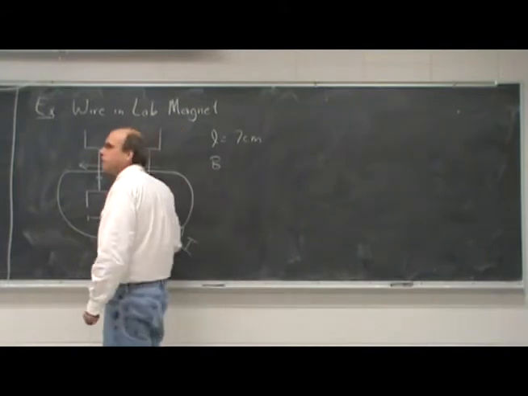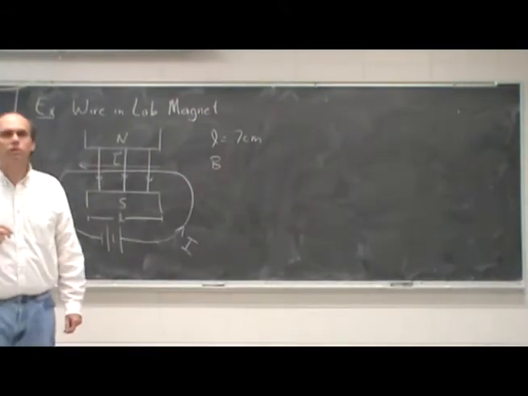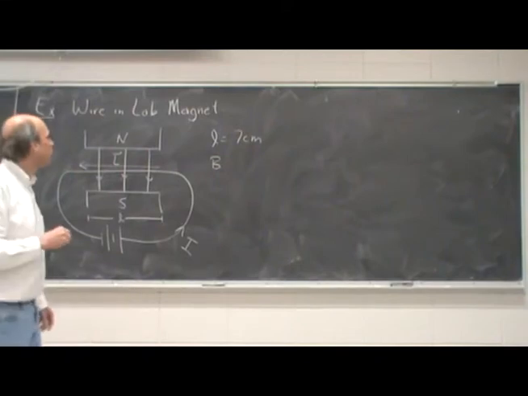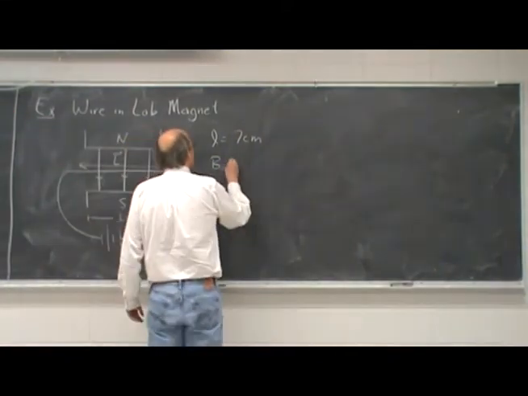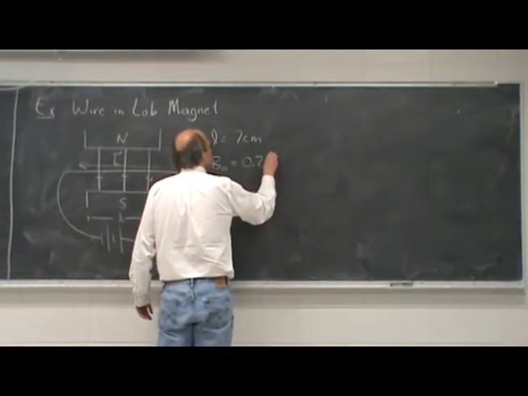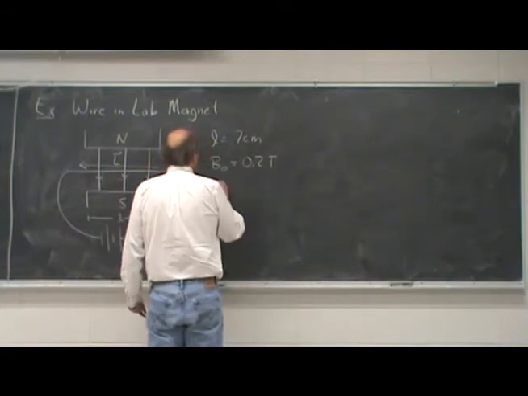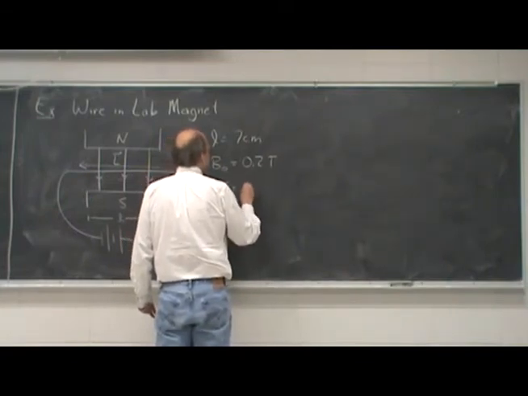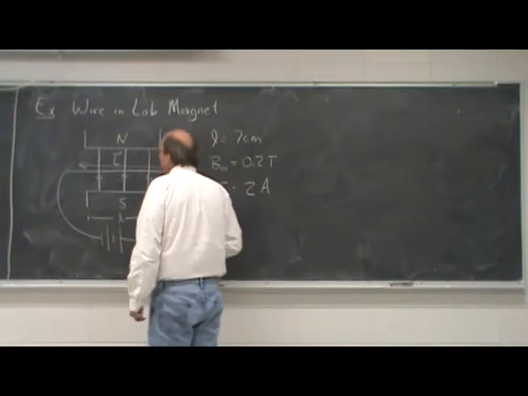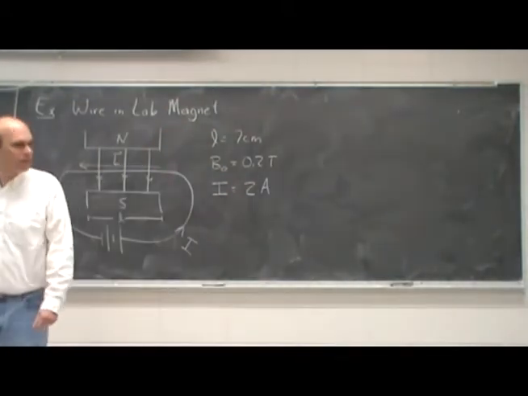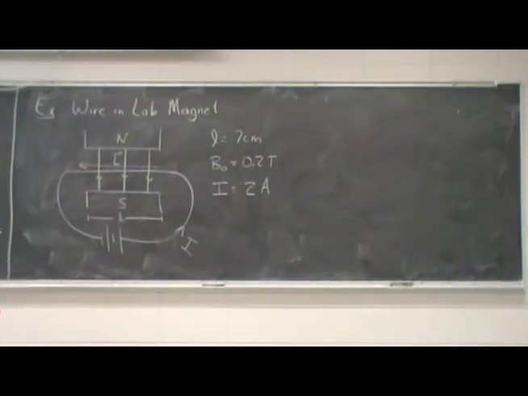For the red-blue magnets, now we've got a couple sets of magnets floating around lab. We're going to do the more powerful ones. Those magnets, we measured the field to be 0.2 Tesla. And the current you got through here, because you've killed all my batteries, is probably about 2 amps with our D cells in their current state.